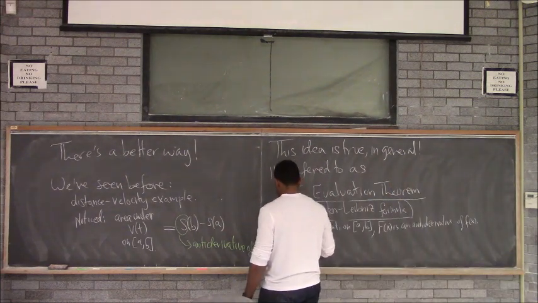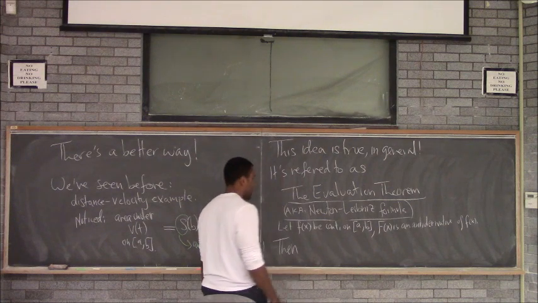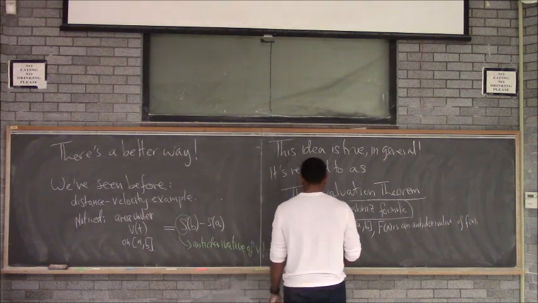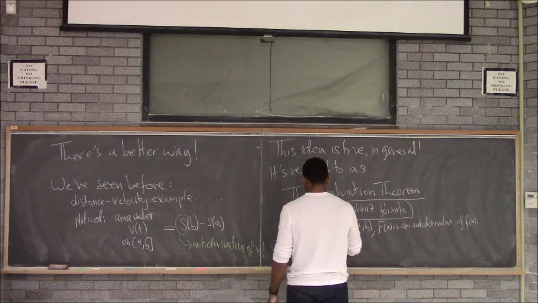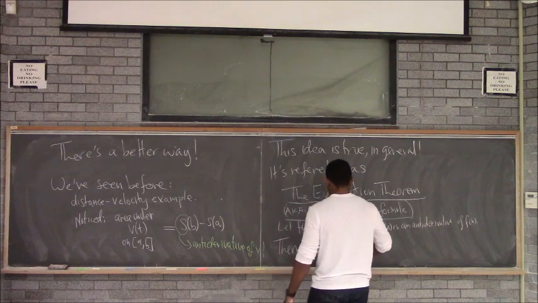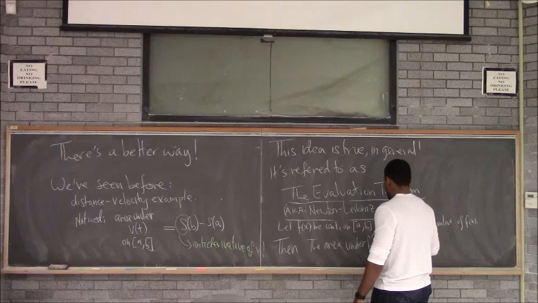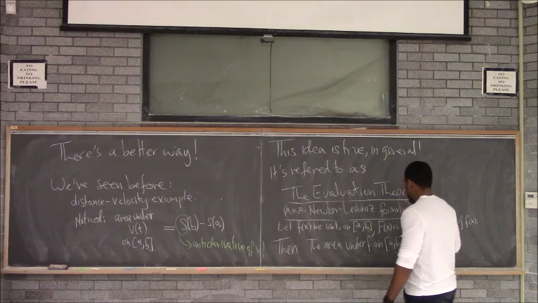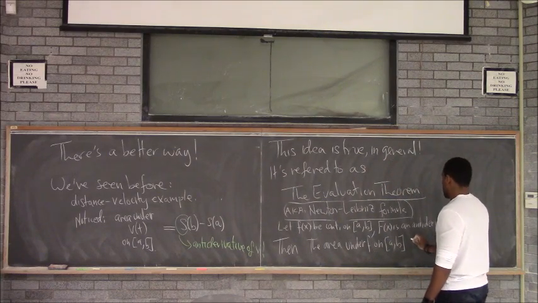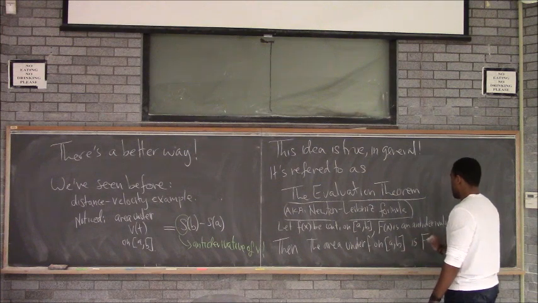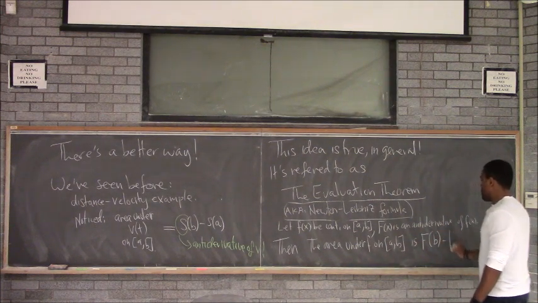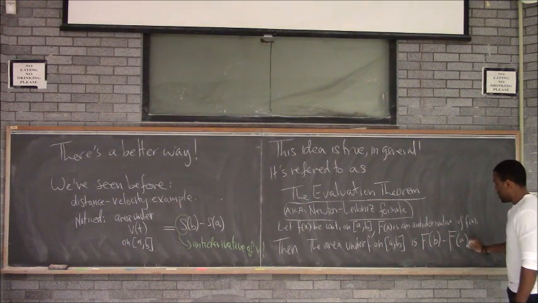Then the area under f on AB is going to be the big F of B minus the big F of A.